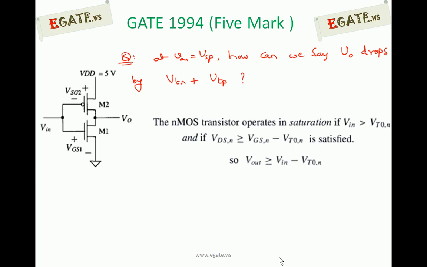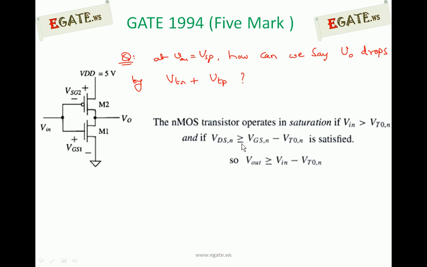So we know that if an NMOS transistor has to be in saturation, the condition is that you must apply a gate to source voltage greater than VT. The gate to source voltage for M1 is nothing but V input. So V input should be greater than VTN, that is the NMOS threshold voltage, and VDS of NMOS should be greater than VGS minus VT.